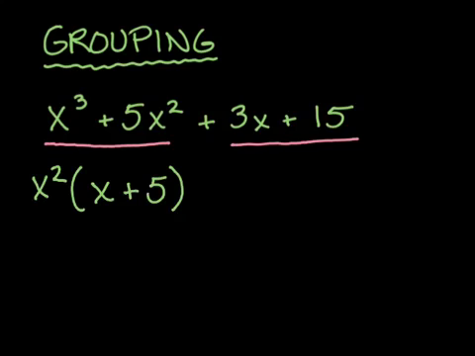Now for my second group. Here I have 3x plus 15. And one thing I want to point out to you right here is you notice this thing starts with a plus, a positive sign. That's going to help tell us what we actually want to factor out of this second pair. Because that is positive, when we factor out our greatest common factor, we're going to factor out a positive amount.